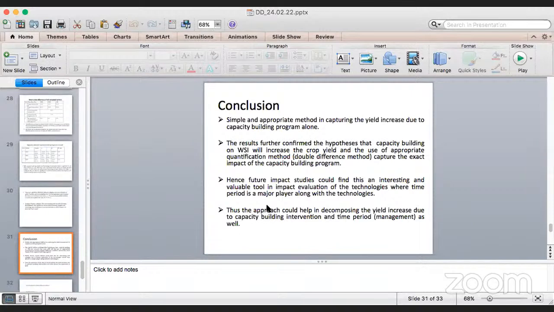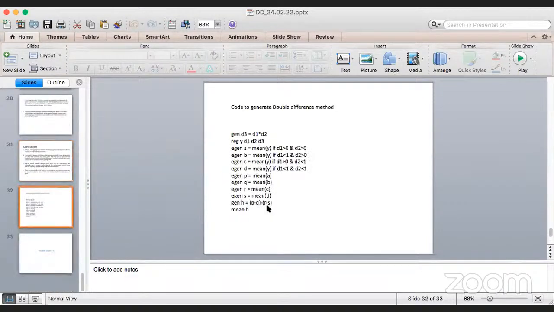We can use this tool. And this is the code for the double difference method that I have derived. If you apply this code to this data, you may get the results, and you can also get them from Excel.